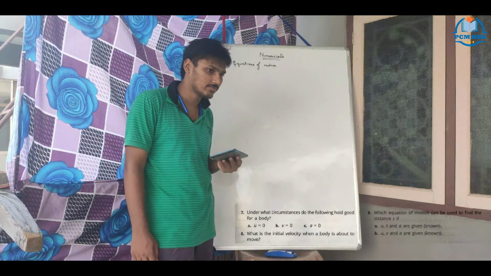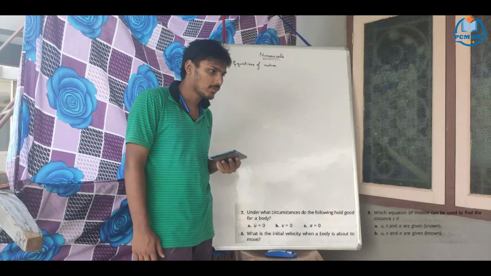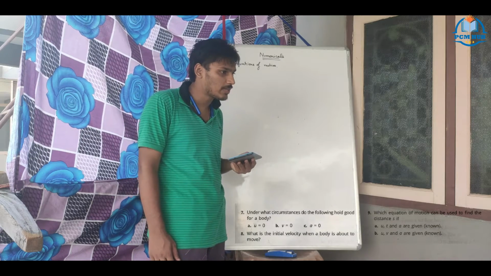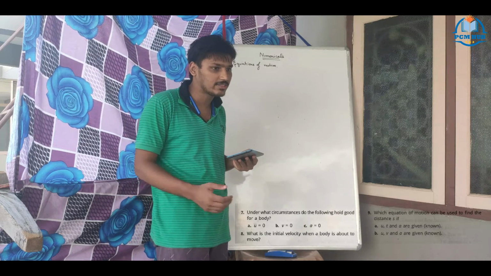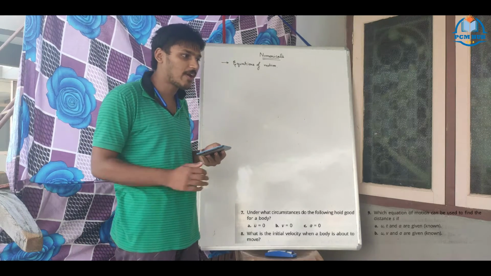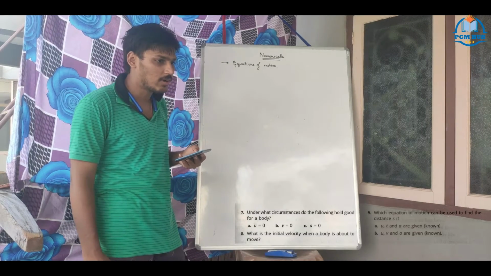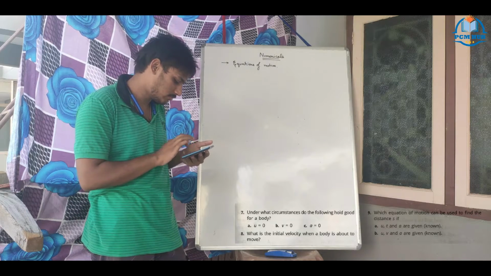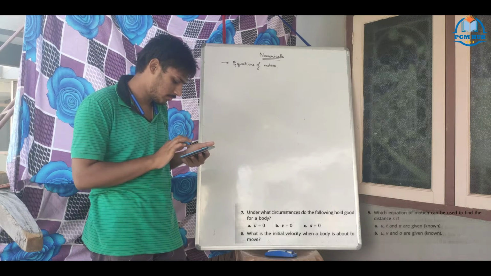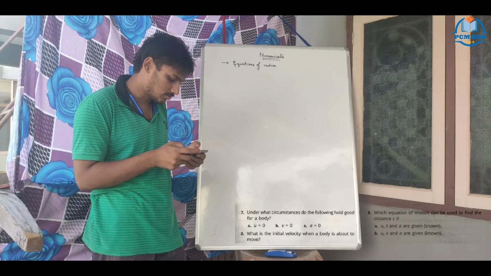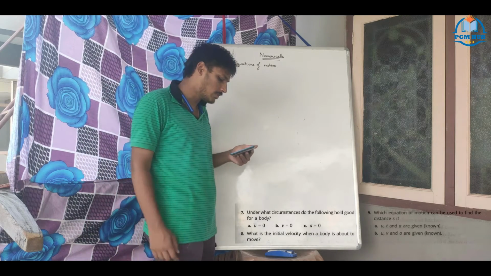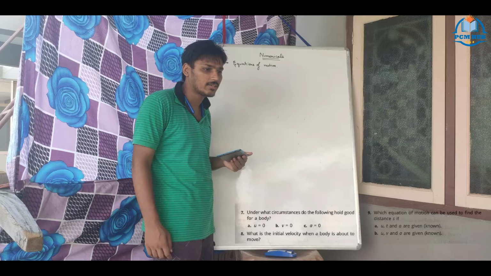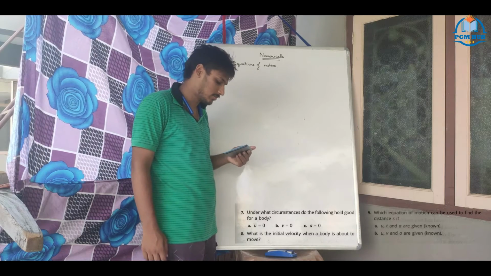Another one, 2as equal to v square minus u square. The third equation also has s, so we have to find the s dependent factors. If you go with the second equation of motion, what are the required parameters?